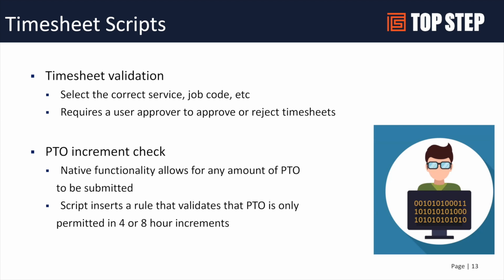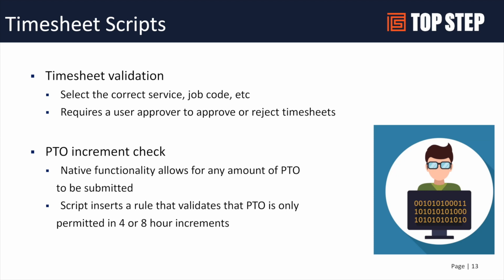Another one is if you are asking your end users for other items to be selected on the timesheet. Like we've had customers where the end user selects the service that they're doing or the job code that they're doing, and maybe that job code is not allowed on the project or not part of the billing rules of that project, and it's an invalid job code.